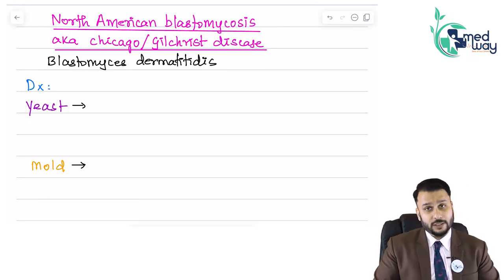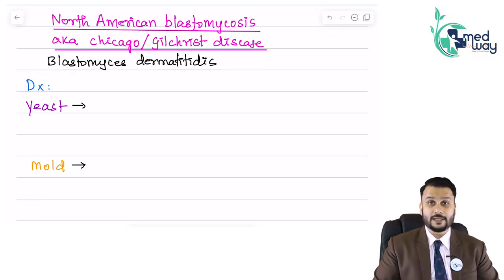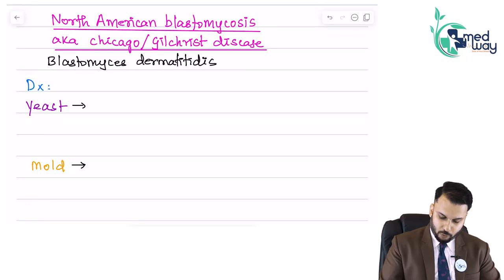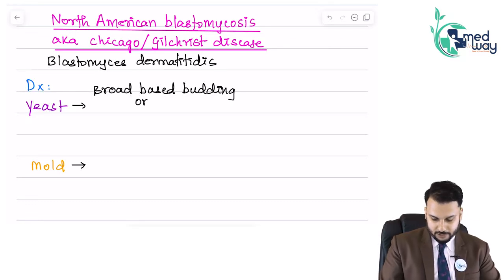So guys, once again, the yeast and the mold forms. Now this time the yeast has a special thing. What is special about this one is it produces broad-based buds. It has this appearance that we are going to call broad-based budding, or broad-based buds, or sometimes it's even referred to as the figure of 8 appearance.